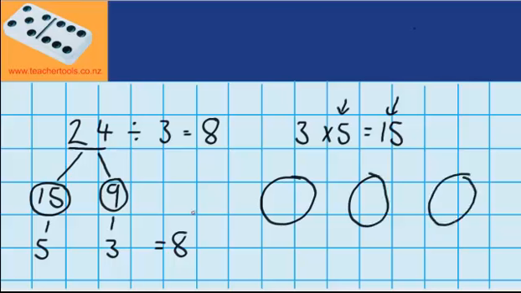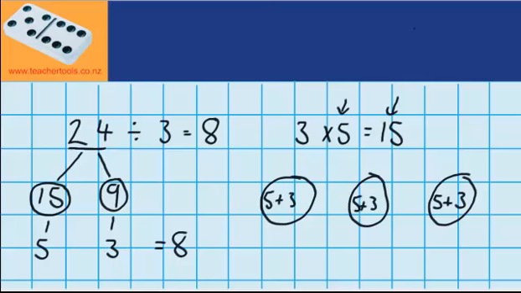The first time around I put 5 counters in each group, and the second time around I put another 3 counters. So you can see in total I've put 8 counters in each group, and I know that 8 groups of 3 is 24. So I've shared out all the items that I had to.